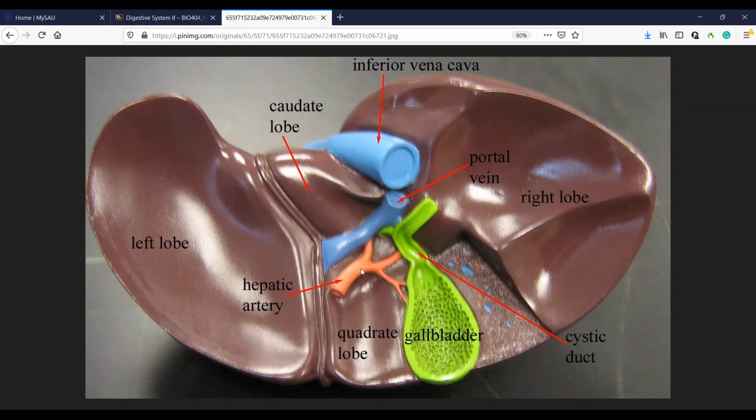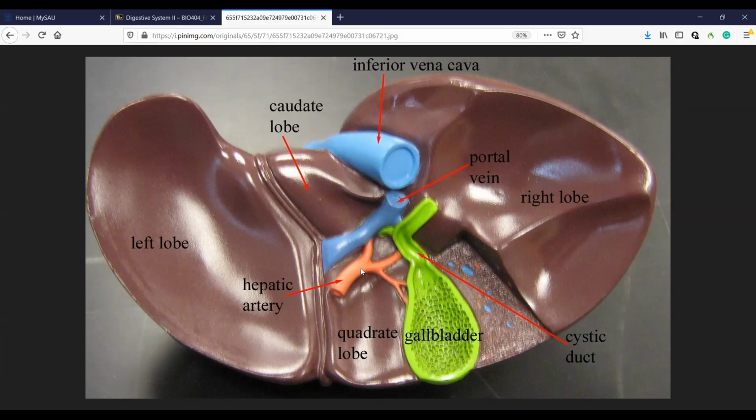The hepatic artery here, looks to me like orange, delivers oxygen-rich arterial blood from the heart to the liver. And then your hepatic portal vein delivers nutrient-rich venous blood from the GI tract. And also blood from the spleen and the pancreas goes to the liver as well.